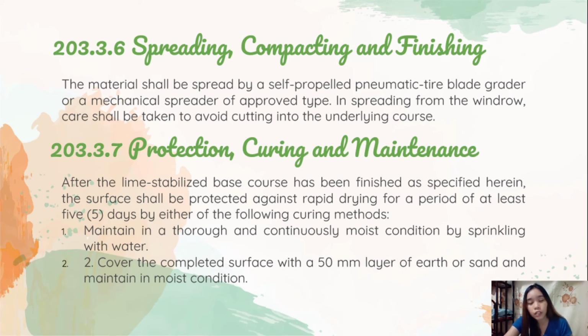And after the material is spread, the surface shall be rolled, and rolling shall be parallel to the road's center line and shall commence at the outer edges of the road, then overlapping the shoulders and progress towards the center, overlapping on successive passes by at least one half the width of the roller, except that on elevated curves, the rolling shall progress from the lower to the upper edge.